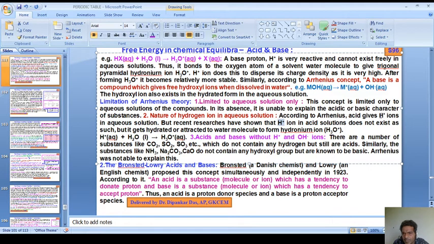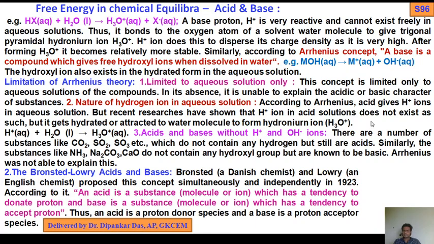According to Arrhenius, acid gives H plus ions in aqueous solution, but recent researches have shown that the H plus ion in acid solution does not exist as such, but it gets hydrated or attracted towards water molecules to form the hydronium ion. As I told you, H plus does not exist in aqueous solutions, actually it exists as hydronium ions. So H plus with water gives hydronium ions.